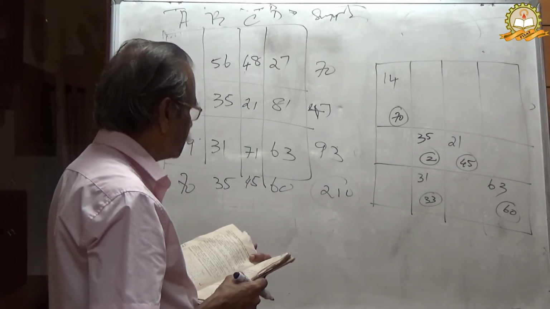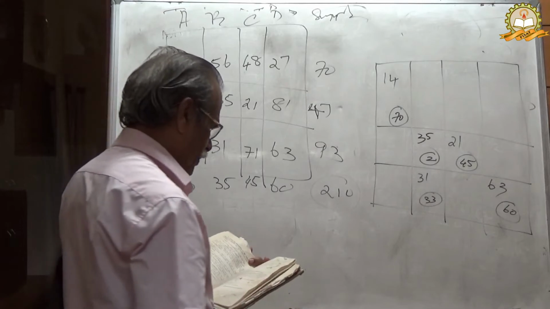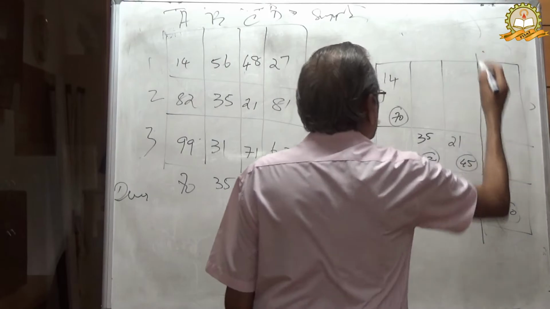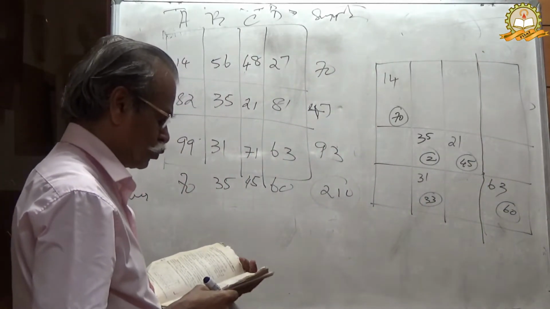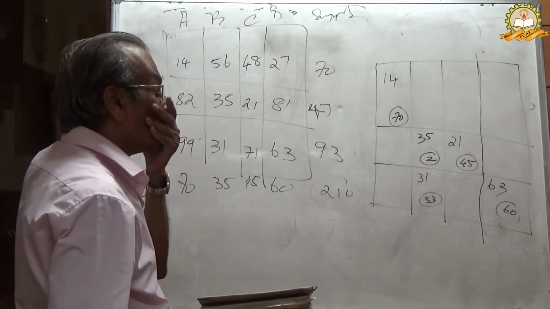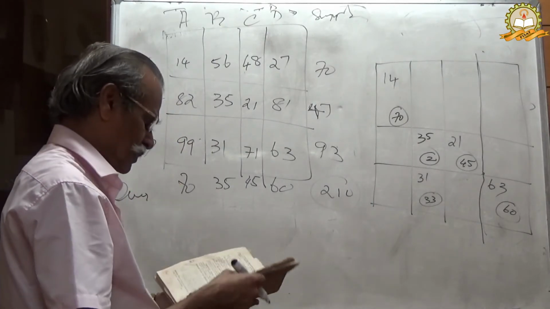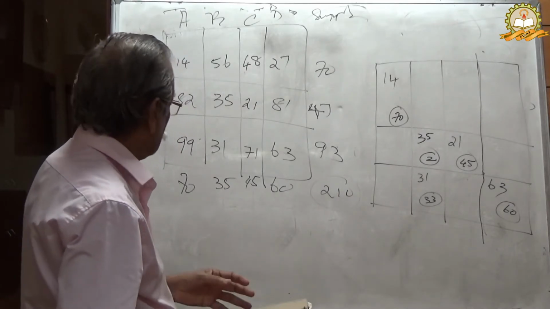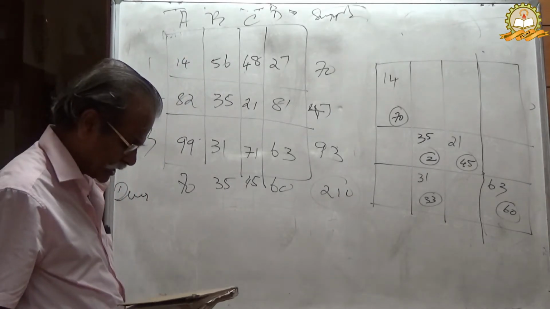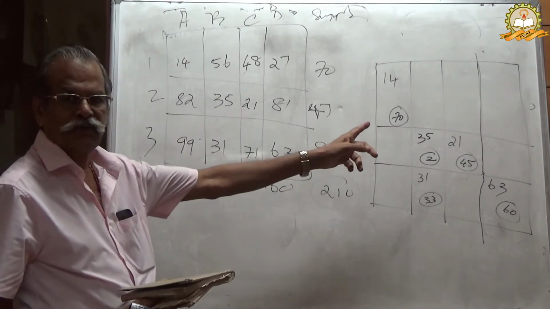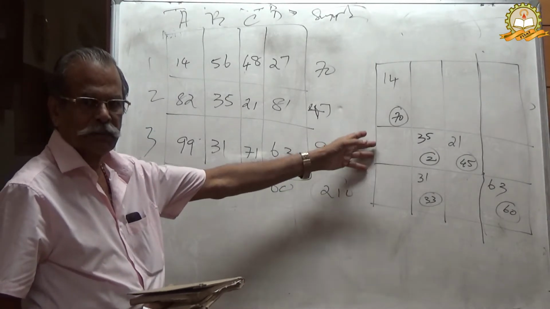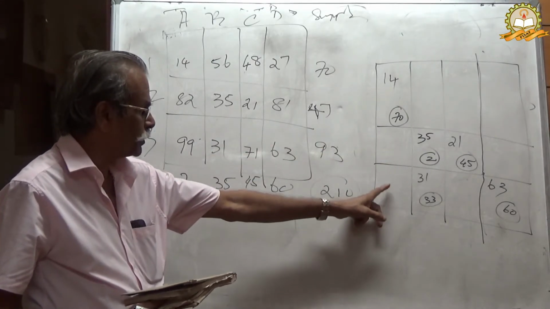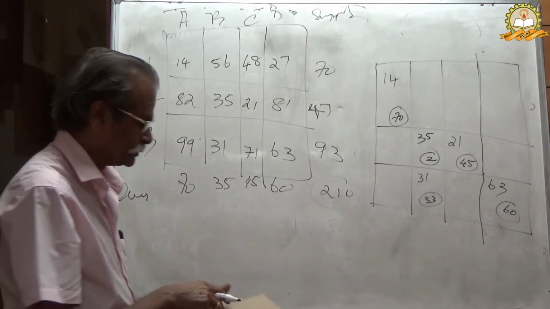Then you have 31 into 33, and the last one 63, 60. Therefore, solution is, as said earlier, you apply warm, penalty, least cost, apply the warm, you get the solution as this.